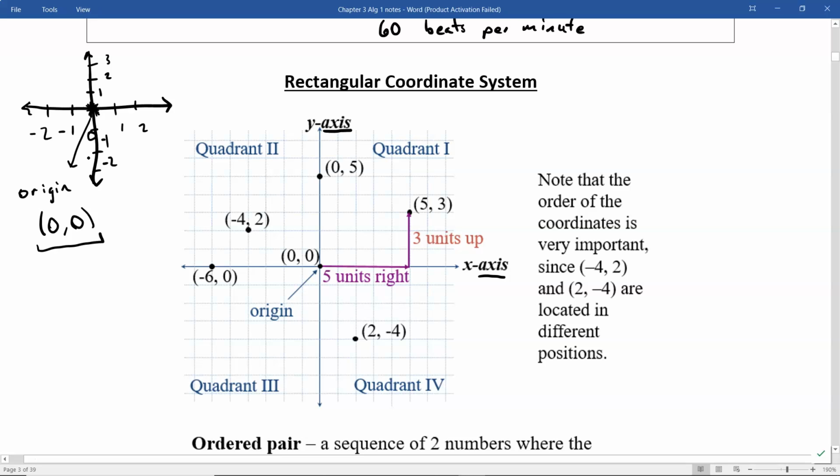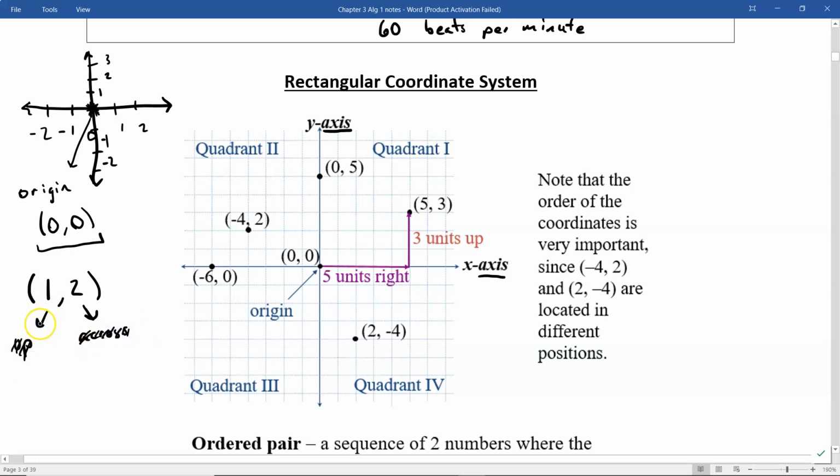So if we have the point 1, 2, this corresponds to 1 unit up and 2 units across. So, wait, I said that backwards. I am so sorry. How'd I catch that?